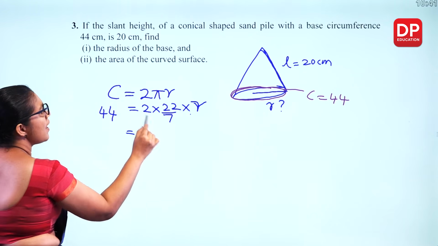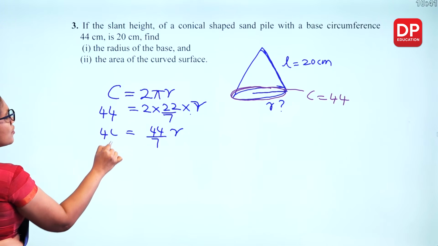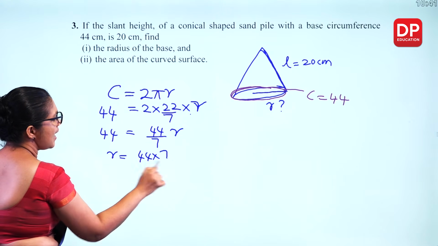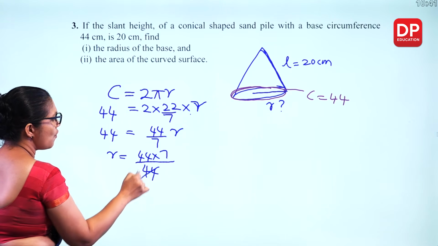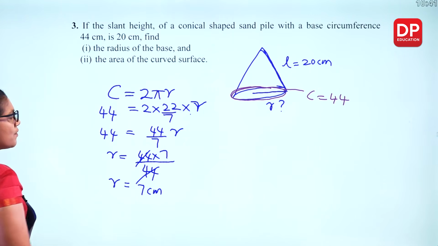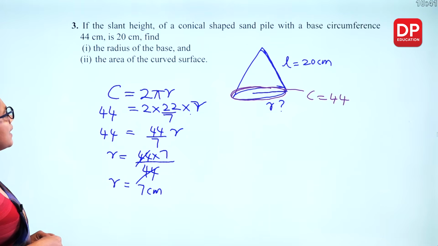Now when you simplify, 44/7 r is 44. So how can you find out r? You multiply by 7 and divide by 44, you get 7 centimeters. So that's the radius of the circular plane.